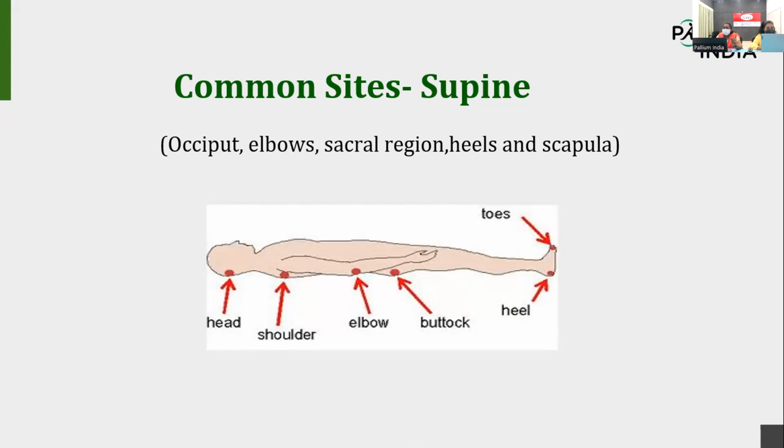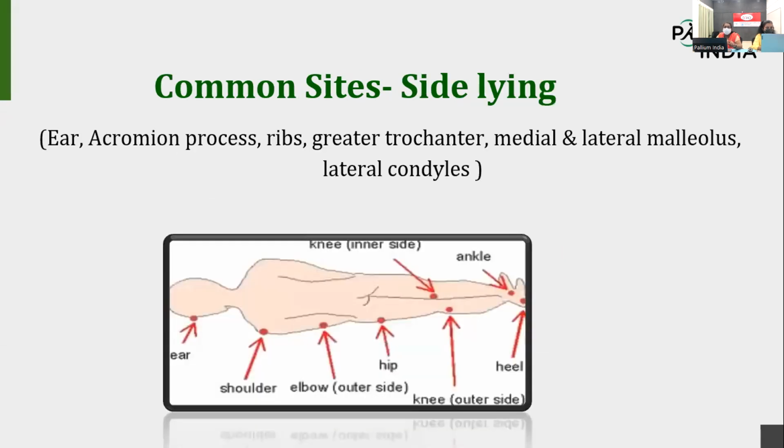Then coming to the sideline position: ear, acromion process, ribs, greater trochanter. You can see those areas. Whenever the patient is lying in right lateral or left lateral position, you have to keep a small pillow or soft folded cotton sheets between the knees, because there is a chance of the knees rubbing together, and that friction can cause a pressure ulcer.